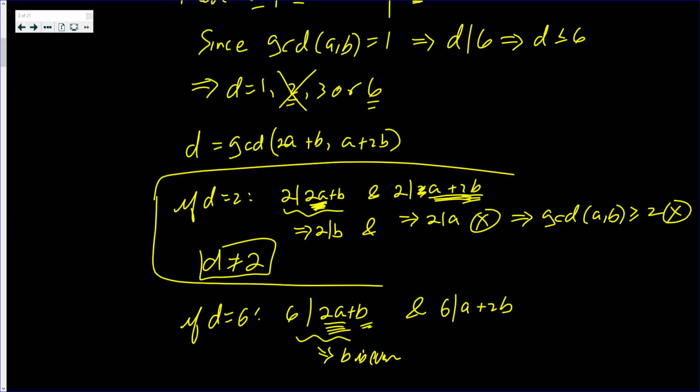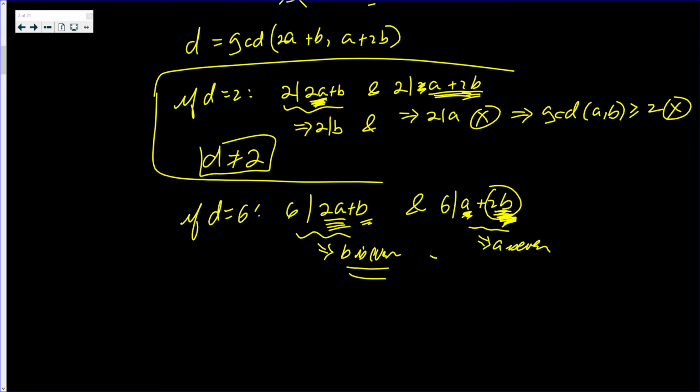In theory, B can be odd, but A has to be even, because 2B, regardless of the parity of B, is even. So then A has to be even. This implies that A is even.